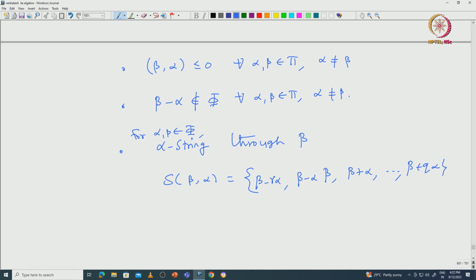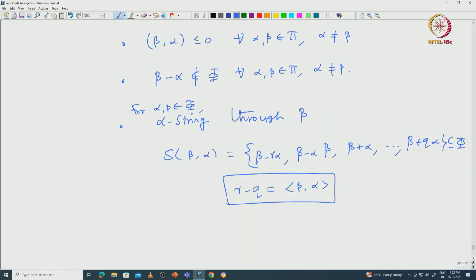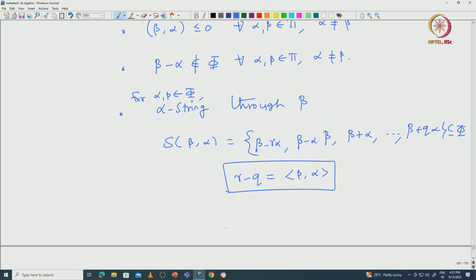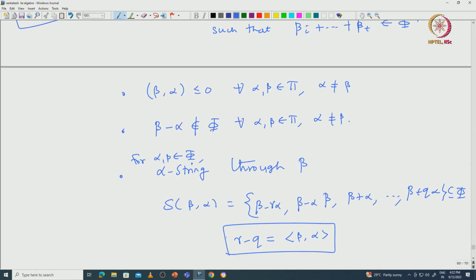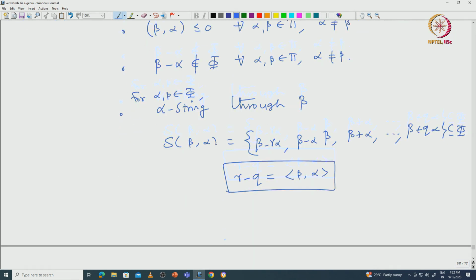We proved that this entire chain lies inside phi, with q and r chosen to be maximal such that this interval lies inside phi. Then there is a relationship between r minus q and the Cartan integer of beta, alpha: the Cartan integer of beta, alpha is equal to r minus q. All this information we have already proved before, and we are going to use it in our algorithm.